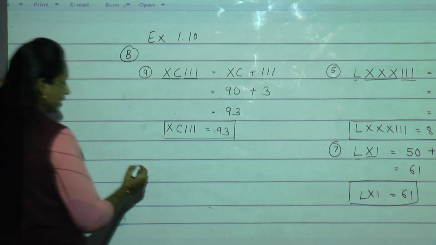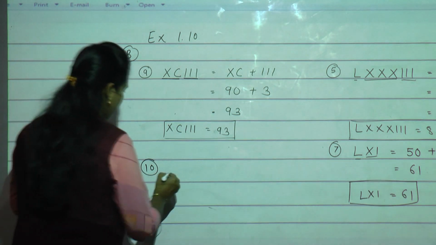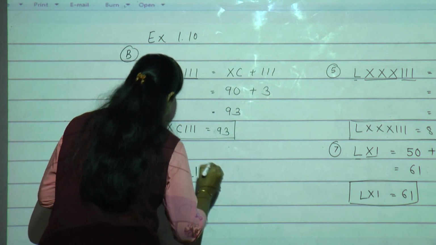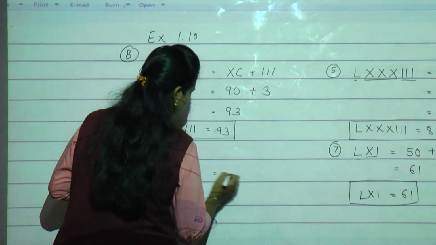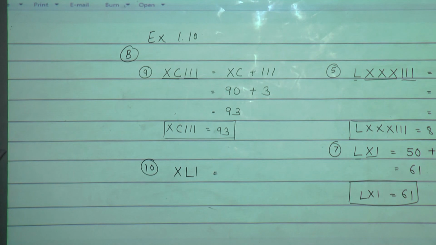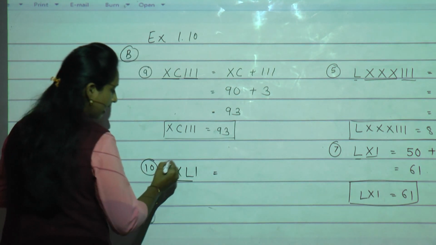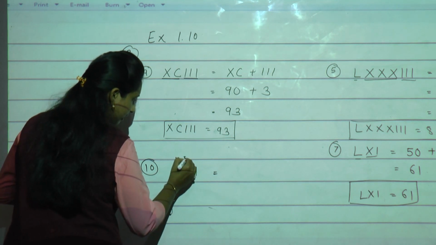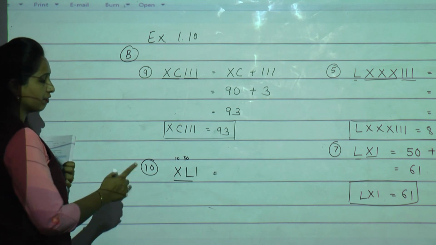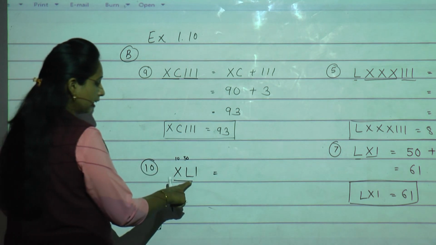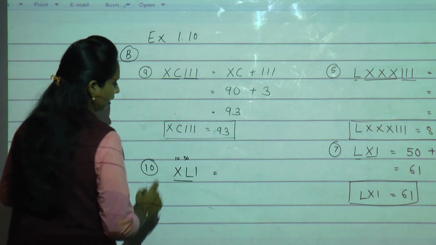Let me solve one more example for you, that is the 10th one. What is the 10th one? XLI. Now see the XL, X and L. X is the smaller value and L is the greater value. Whenever it is like that, we subtract 50 minus 10, so we get 40. So the value of XL is 40.